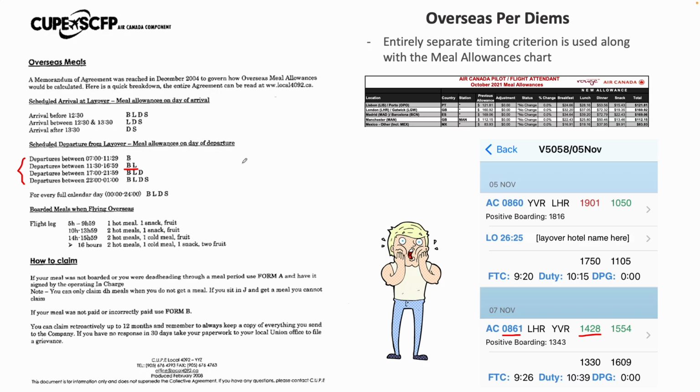Note that these per diems are paid at the rate of the layover destination, which for us is London Heathrow. So it would be all of the values corresponding to this section of the meal allowances chart.